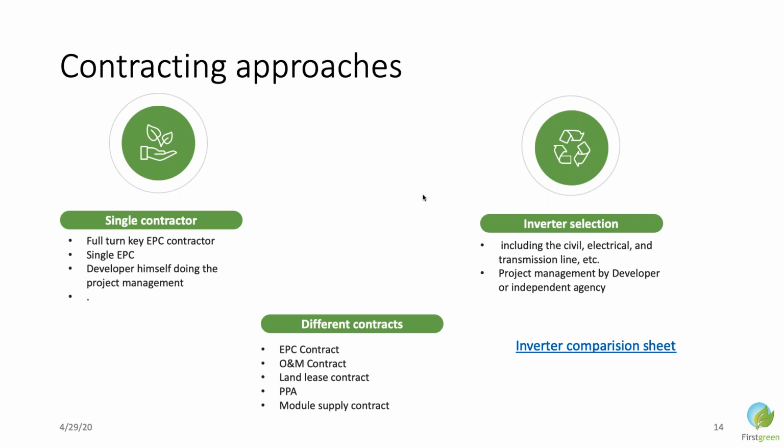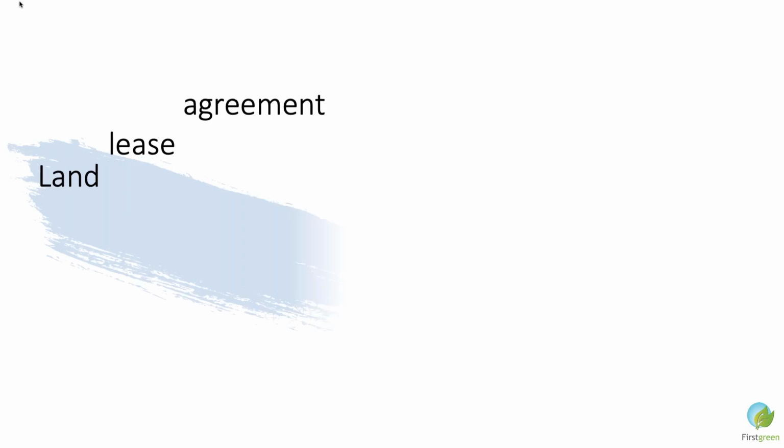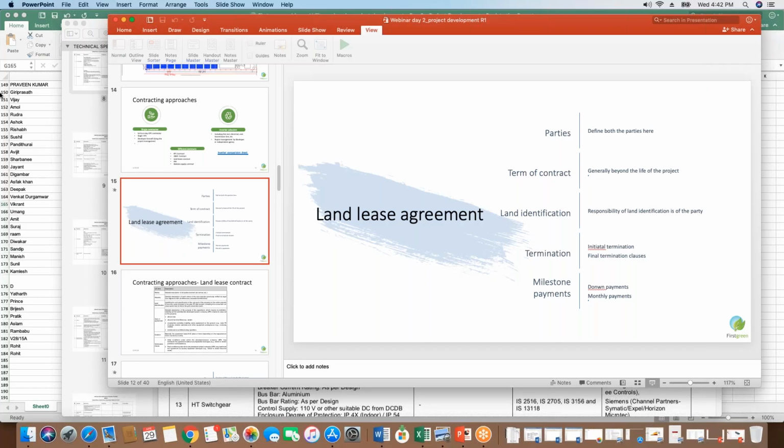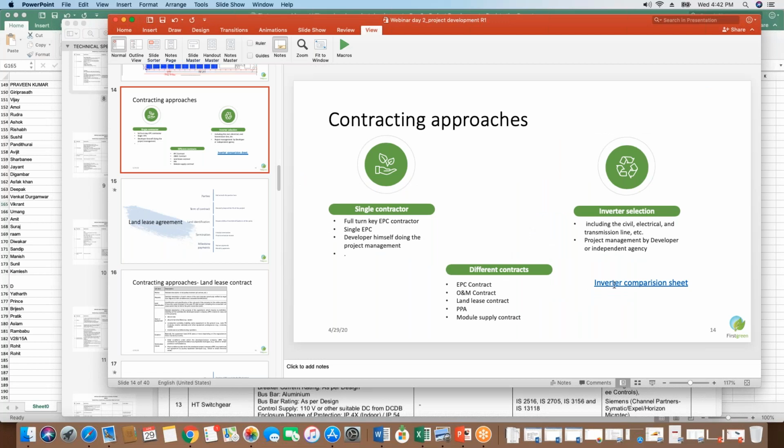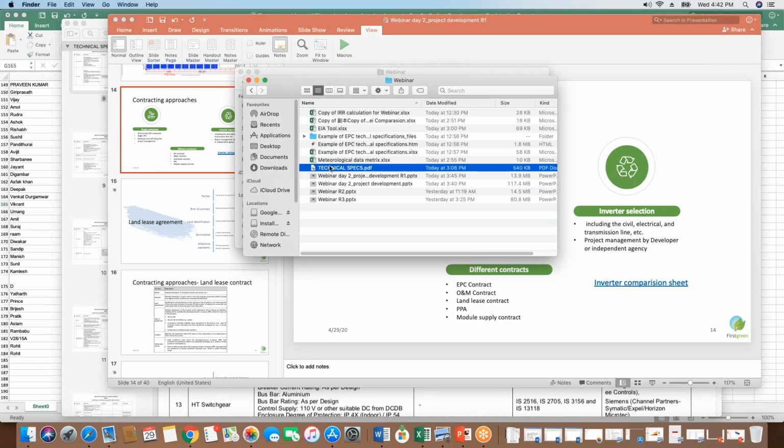That becomes a challenge. Anyway, there are ways to handle that, and maybe we'll discuss those in due course of time. But I also wanted to discuss the inverter comparison with you. We discussed the module comparison, but let us also discuss an example of inverter comparison.